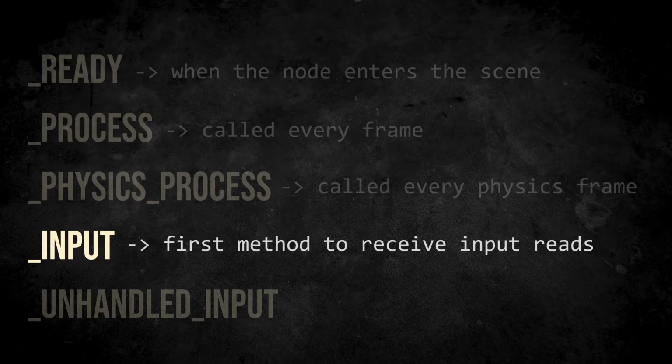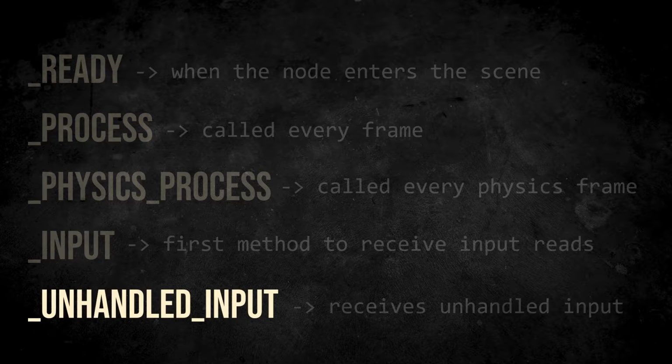The first is the input method that receives all input Godot reads, like keyboard, mouse, joysticks, etc. And there is also the unhandled input method, which is only called when the input event triggering it has not been captured by any other input method. Usually, I prefer to handle input in the unhandled input method rather than the regular method.